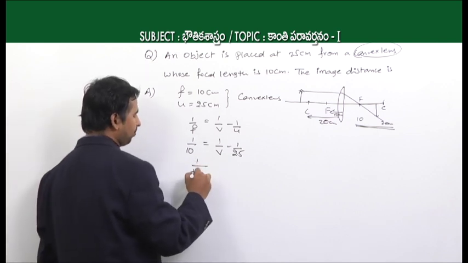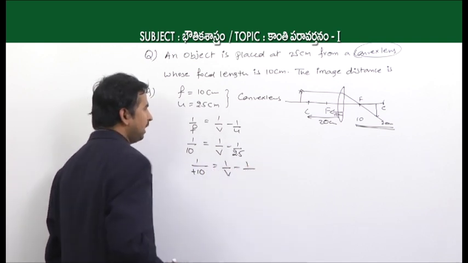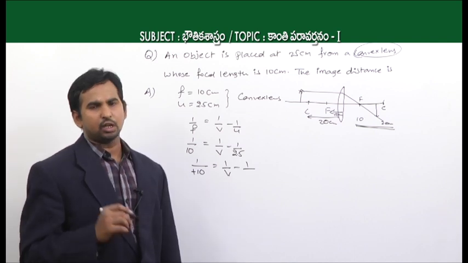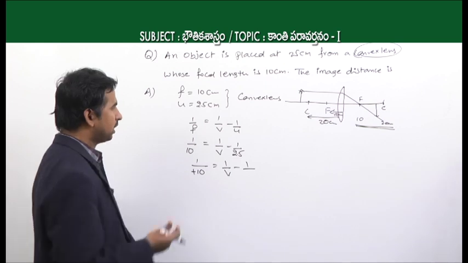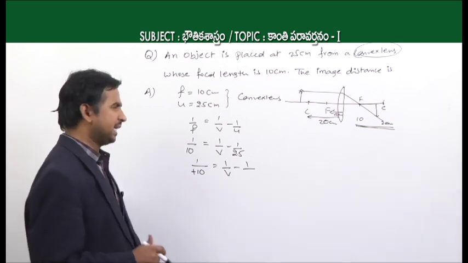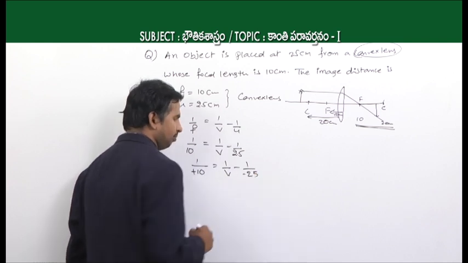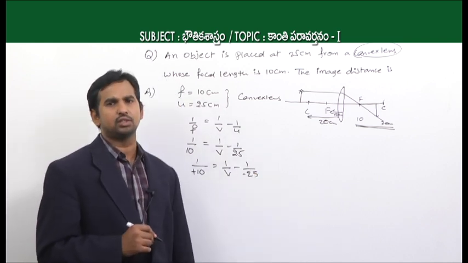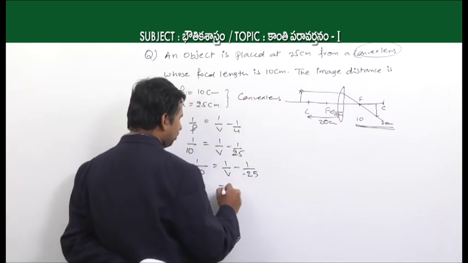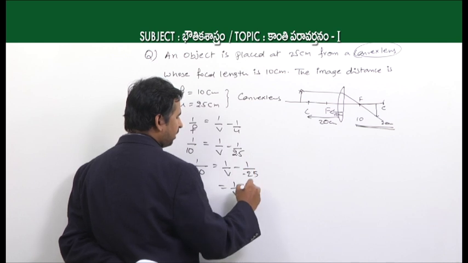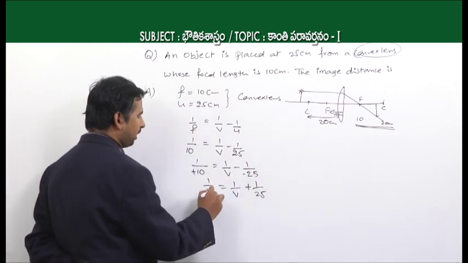So 1 by plus 10 is equal to 1 by V minus 1 by U. The object distance is measured opposite to the incident light ray, so it is negative, so we take 1 by minus 25. Then 1 by V minus of minus becomes plus 1 by 25, that is equal to 1 by 10.